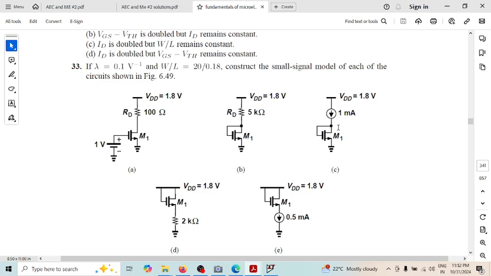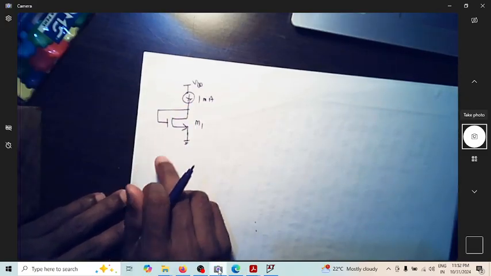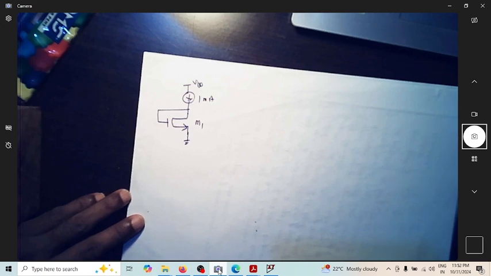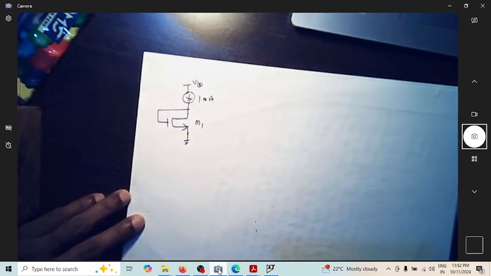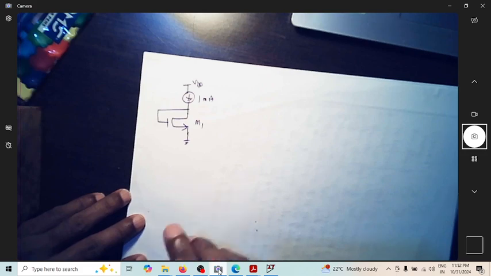Whenever we write the small signal model, one important thing is that all DC voltage sources will be replaced by a short circuit, whereas the DC current source will be represented by an open circuit.